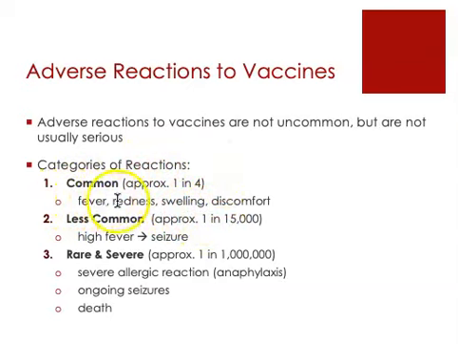All of these reactions are due to the immune system becoming activated by the vaccine. It's your immune system that produces fever. It's your immune system that produces inflammation. That's the redness and swelling and pain.